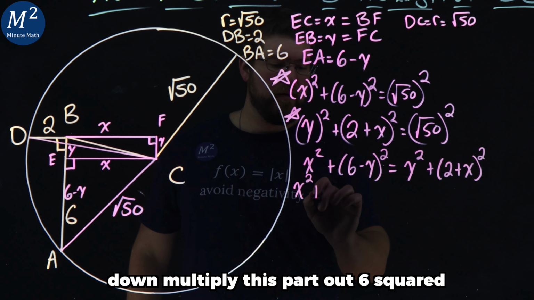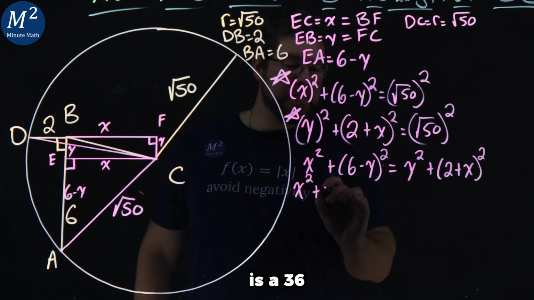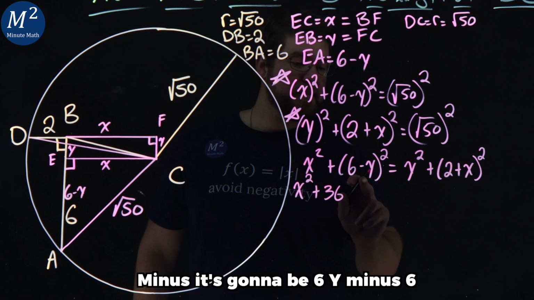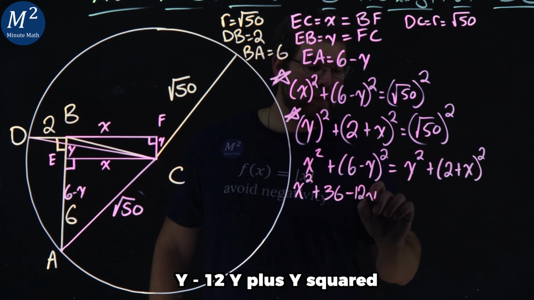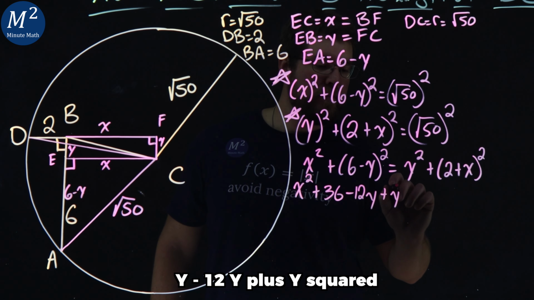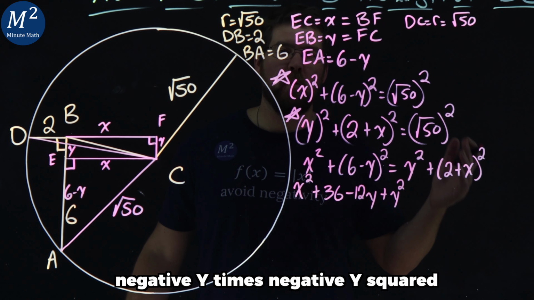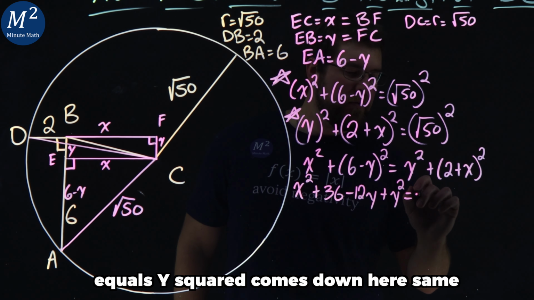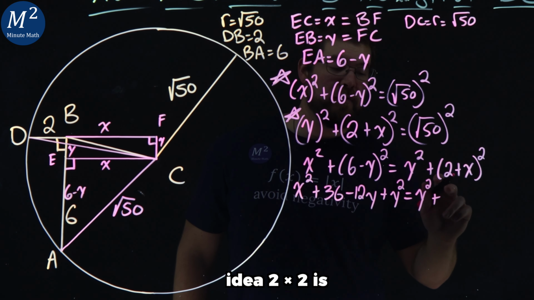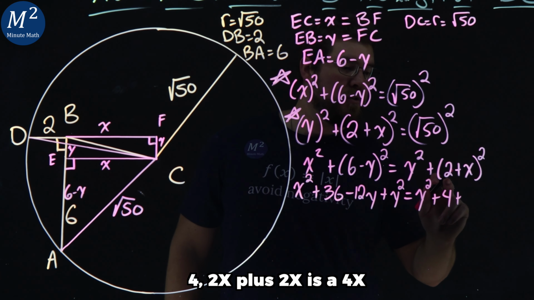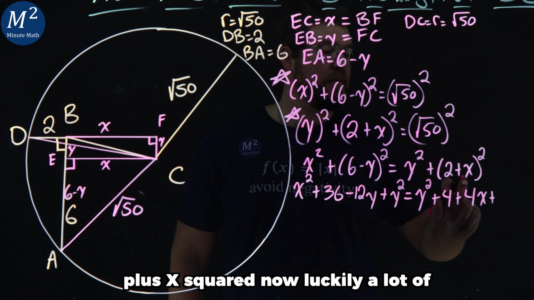X squared comes down, multiply this part out. 6 squared is 36. Minus 6y minus 6y is minus 12y, plus y squared. Negative y times negative y is y squared. Equals y squared comes down here. Same idea, plus 2 times 2 is 4. 2x plus 2x is 4x plus x squared.